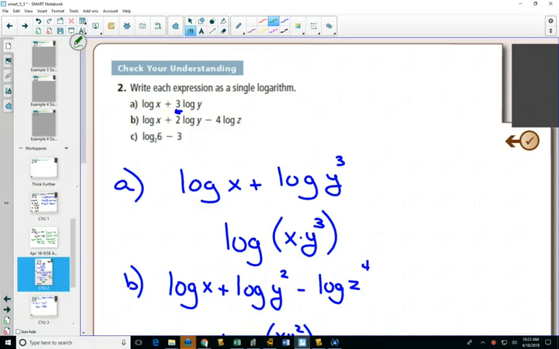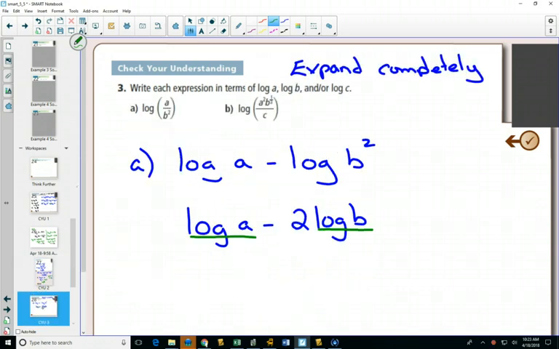So when combining, you always put the numbers in as exponents first, and then put them together. When you are expanding, it's the opposite way. First you break them apart, and then you bring the exponent out in front. Which makes sense because we're basically doing the opposite direction. So the order of the things that we do would be in the opposite direction as well.